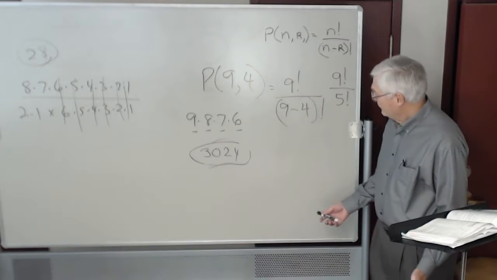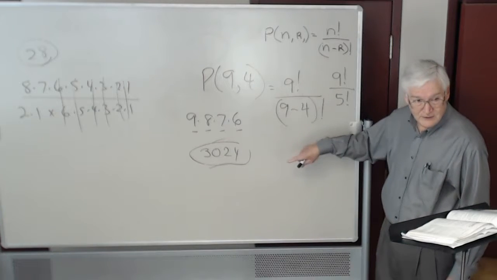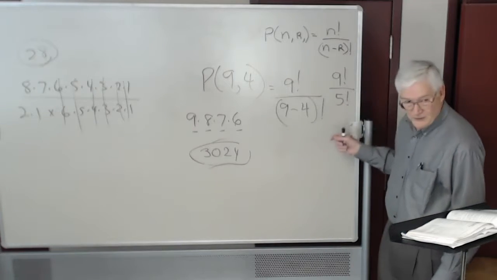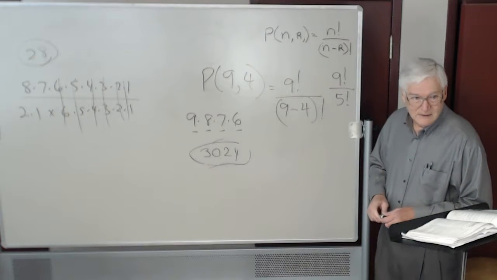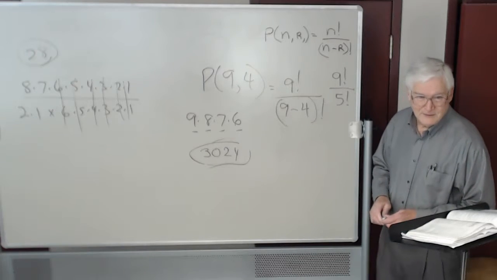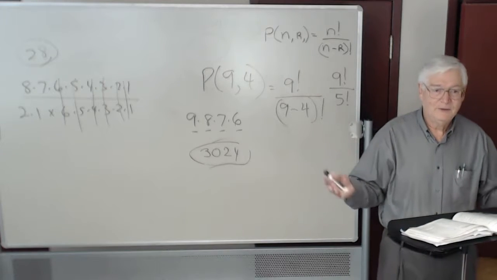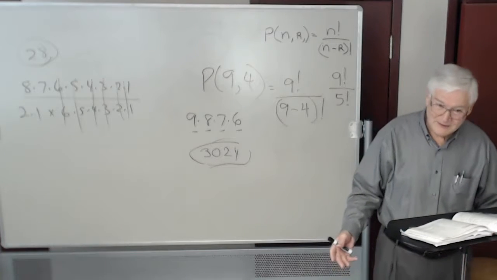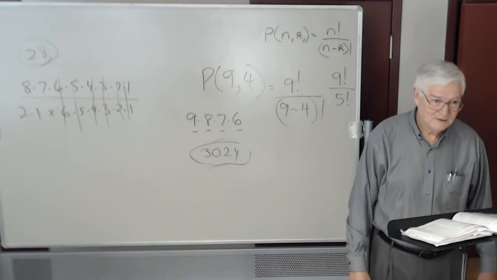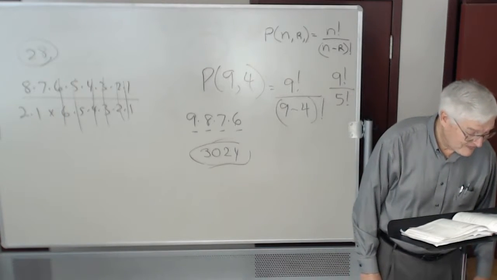I suppose the way you would do it on your phone is you would just go 9 factorial and get an answer, and then go 5 factorial and get an answer, and then divide those 2 answers. Okay. So you kind of say, sometimes I'll use the formula, sometimes I'll just think it through. But if you're going to think it through, then that means you have to kind of understand the process. You have to understand what's going on rather than just plugging numbers in a formula.